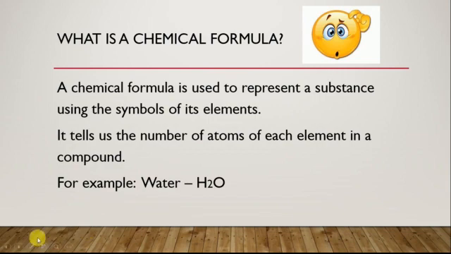For example, water. Students, the chemical formula for water is H2O. This means that by looking at the chemical formula, we come to know the elements present in the given compound.